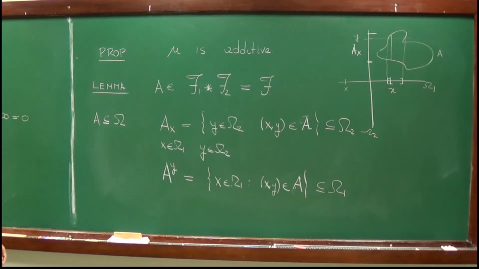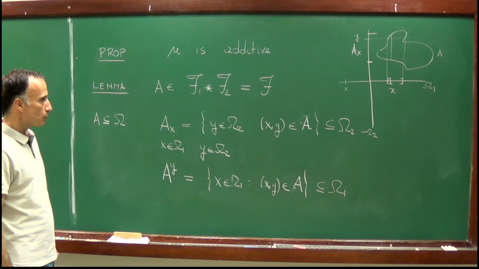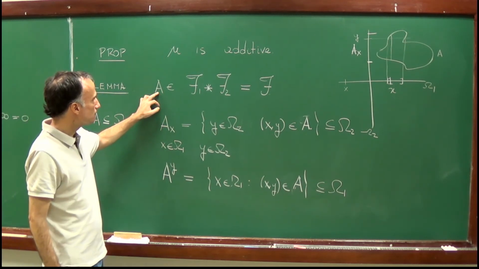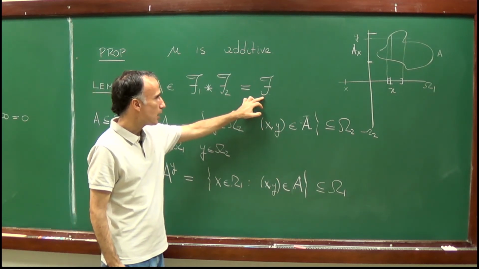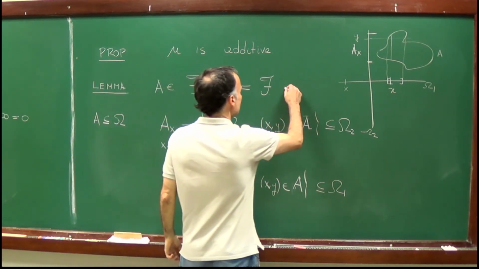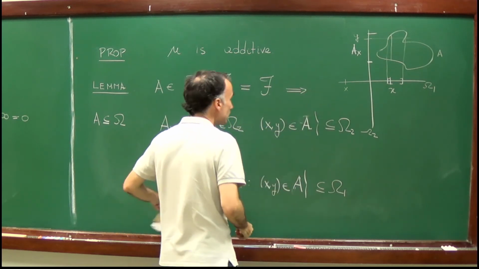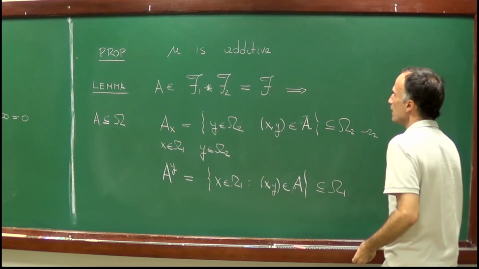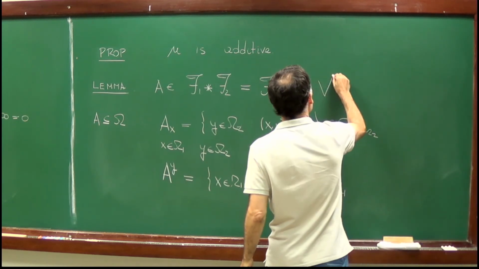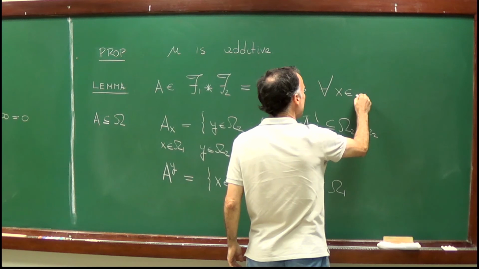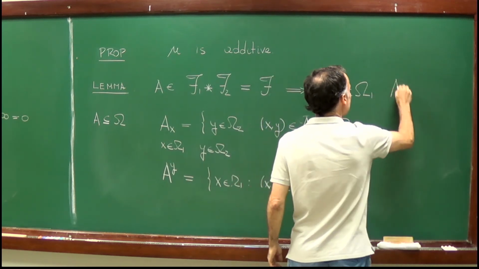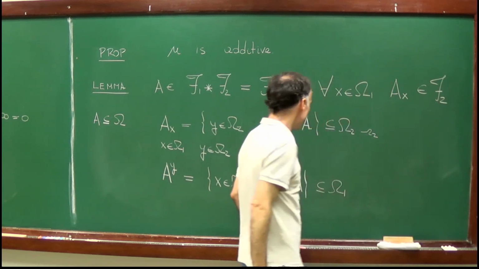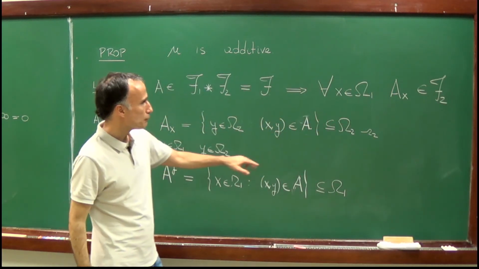And the lemma I want to state reads as follows. If you take any set A in the sigma algebra F, and let me erase the picture to state the lemma, then for all x in omega 1, Ax belongs to F2. Remember, Ax is a subset of omega 2.